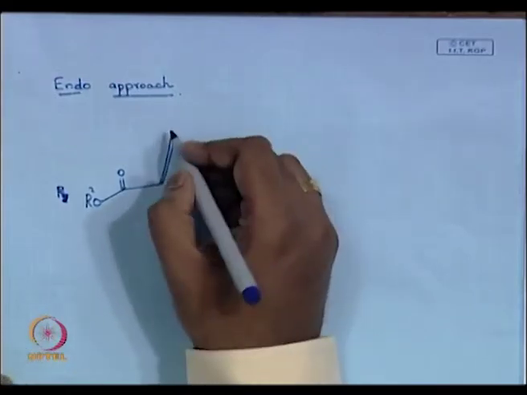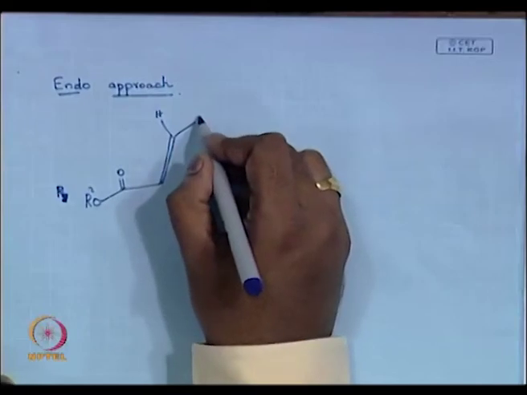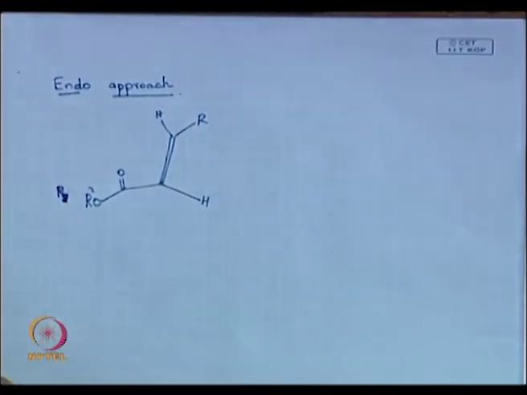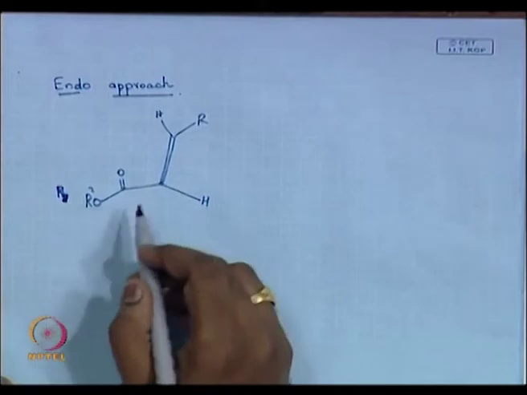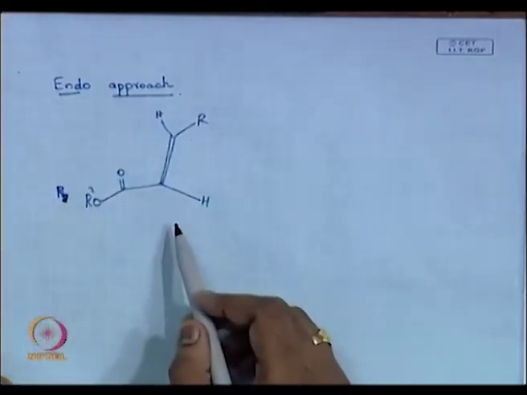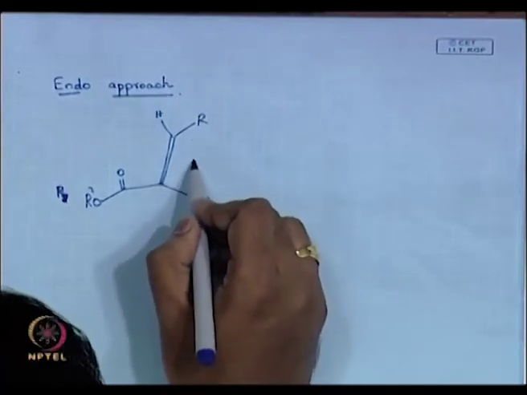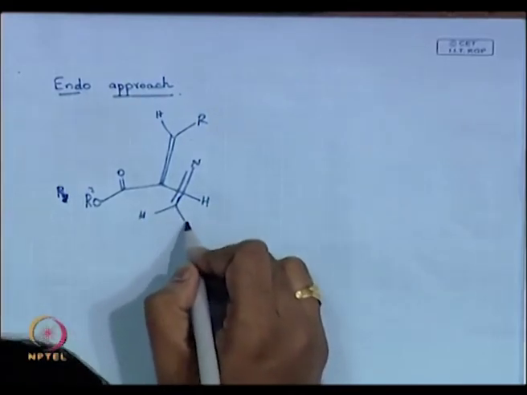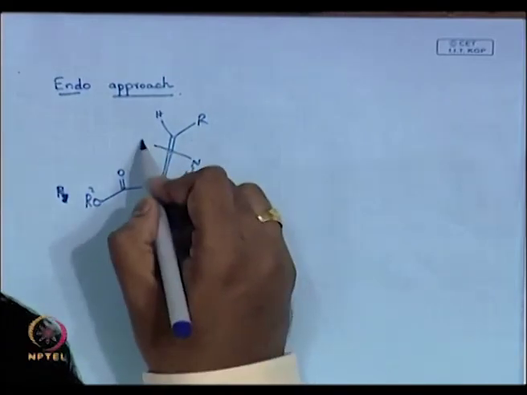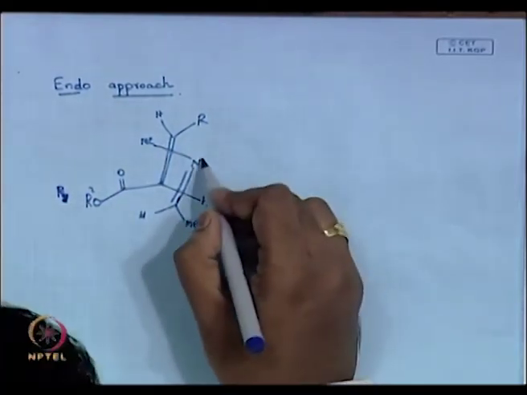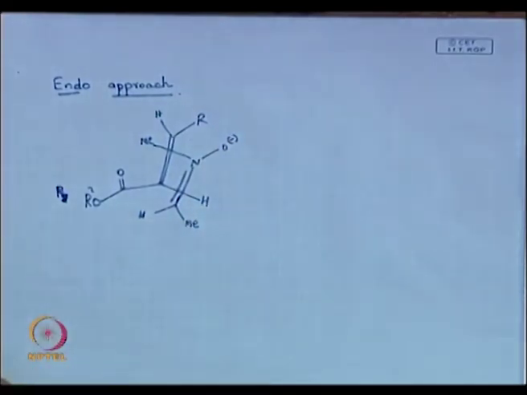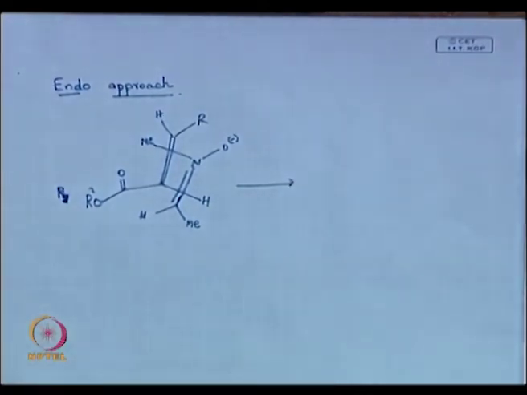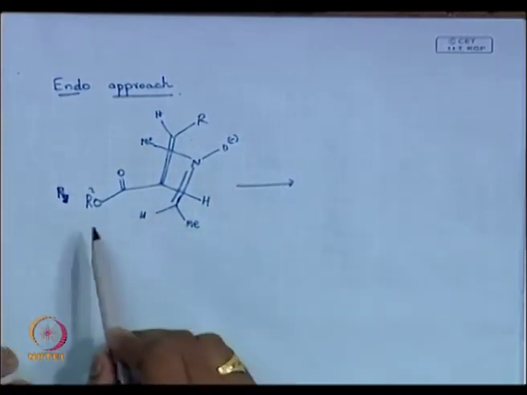Just for your understanding I am drawing the double bond bigger. This is my dipolarophile, right. Now, my 1,3 dipole gets in, it can have nitrogen methyl and a methyl here, which has a minus. Fine, this is the endo, it should come.